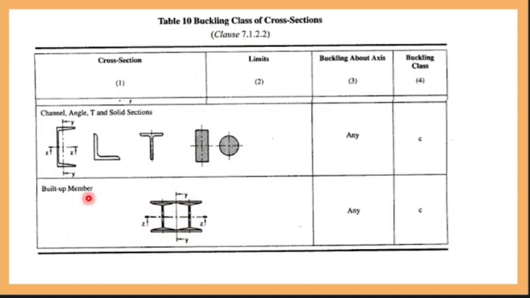You have a built up member, and what is the buckling axis? It can be any axis. It can buckle in the Y direction or it can buckle in the X direction. Both the directions it can happen, and the buckling class is C. So you have to check the class C.